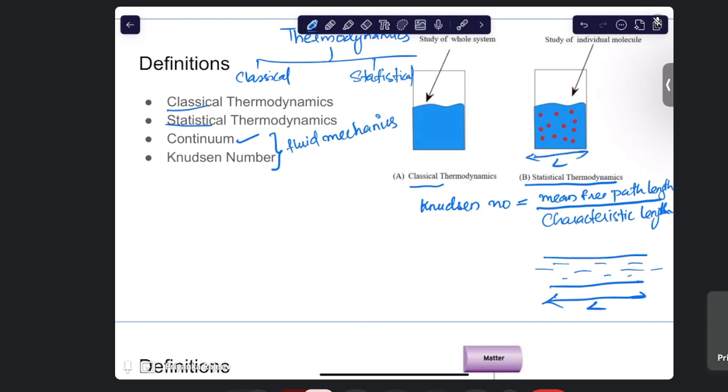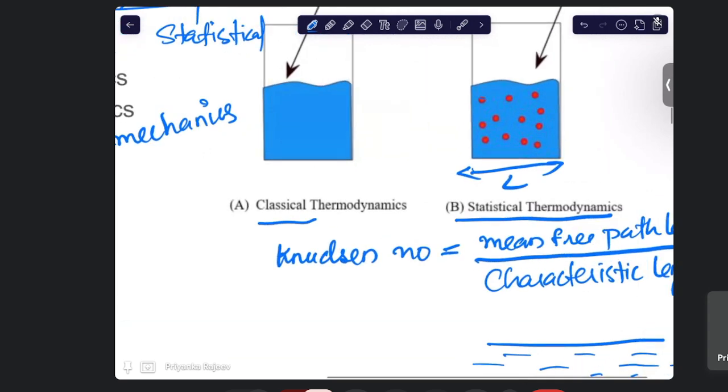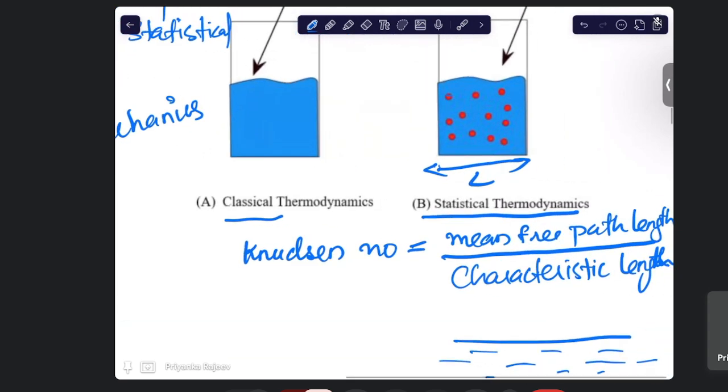That length to the mean free path length. So what is free path between two molecules? For example, this is moving with a velocity v1, this is moving with a velocity v2, and if v2 is less than v1, the first molecule is going to collide with the second molecule.